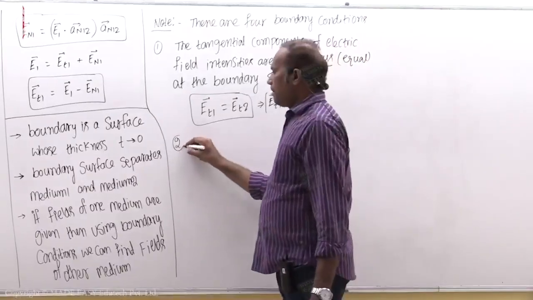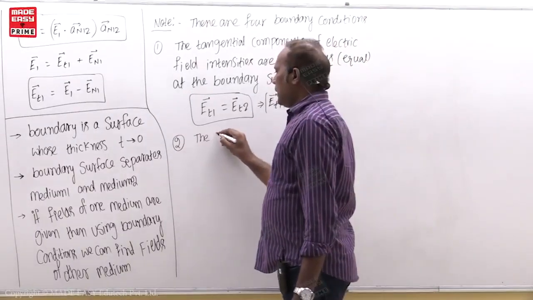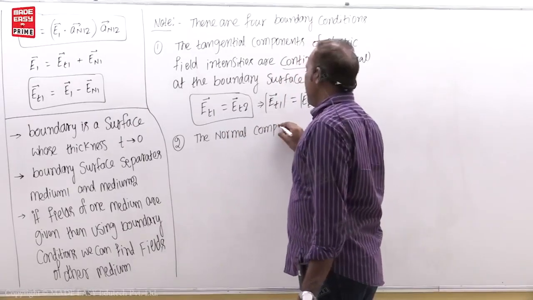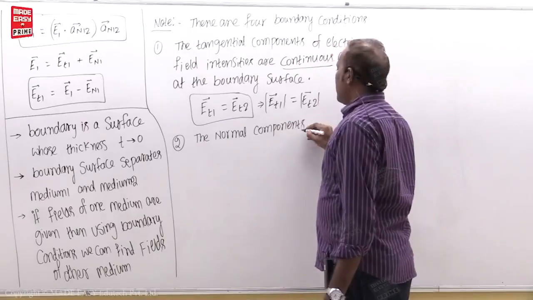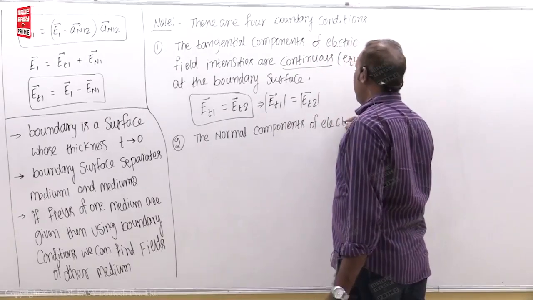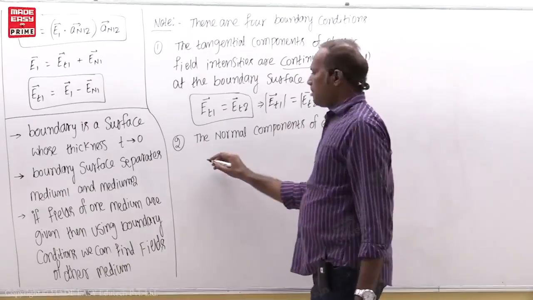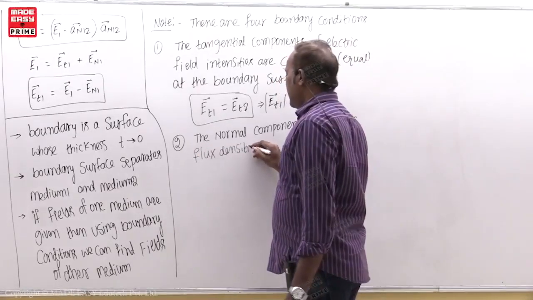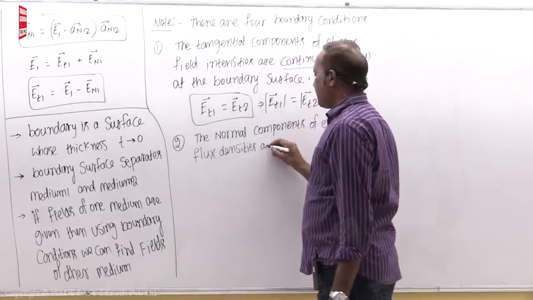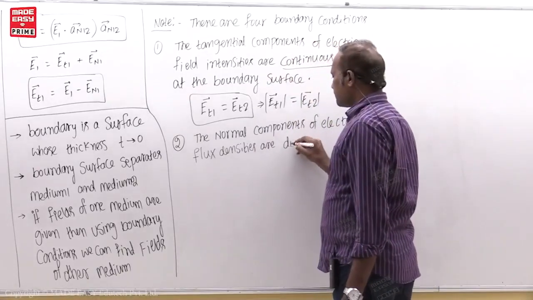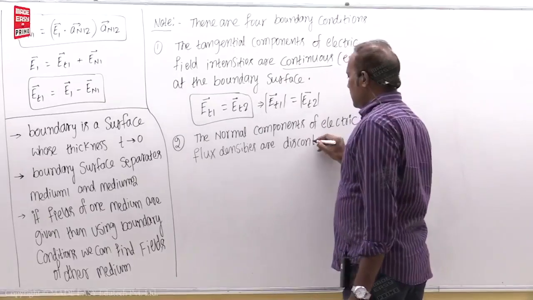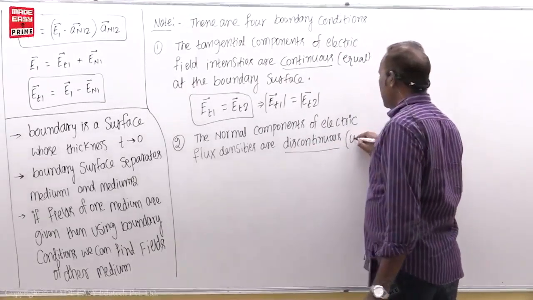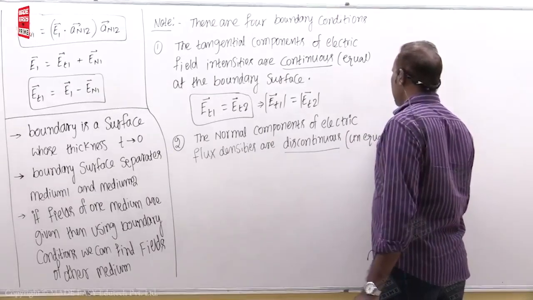Now, second one, the normal components of electric flux densities are discontinuous. Discontinuous means unequal.